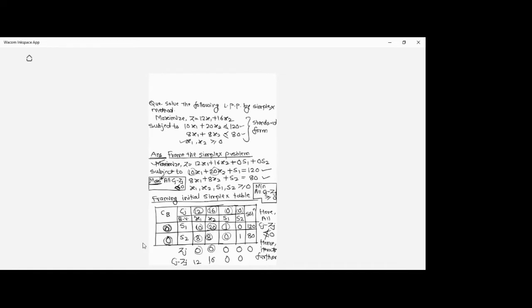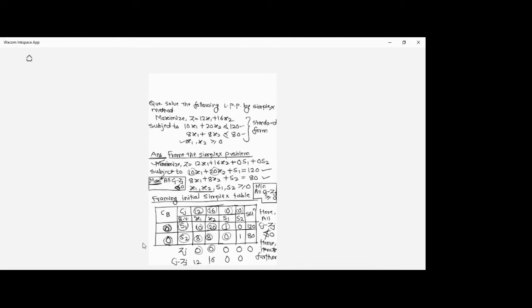S1 and S2 are not helping us, so we'll introduce X1 and X2 into the basis, and then we'll get the optimal solution. We'll do it stepwise.